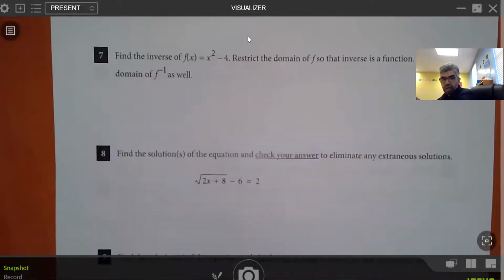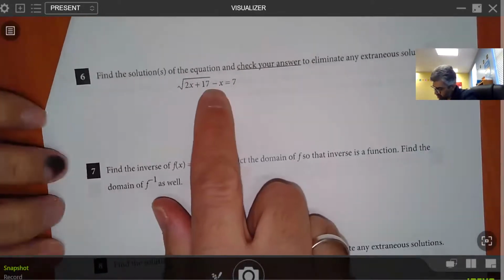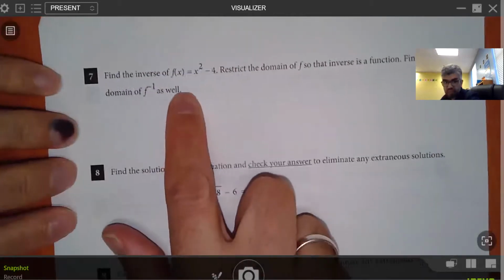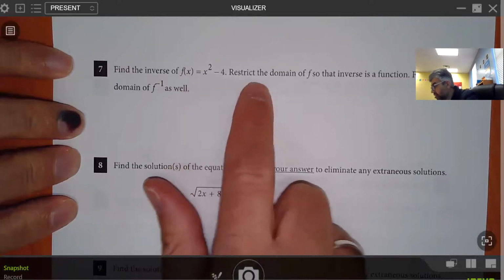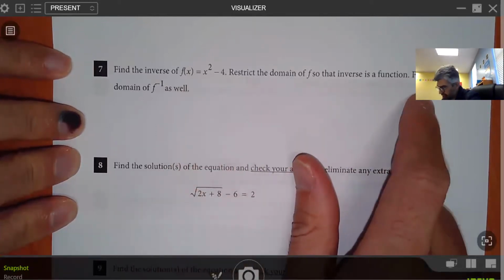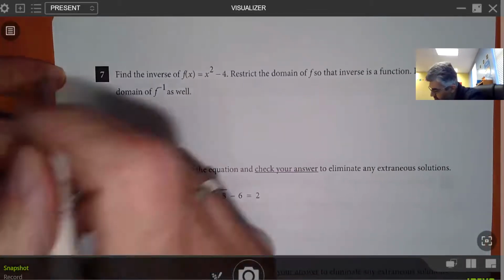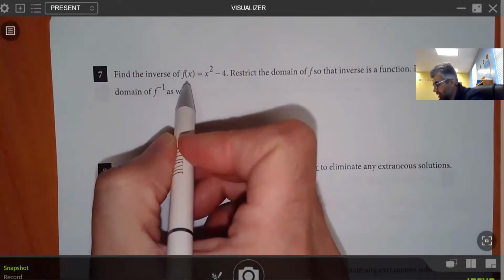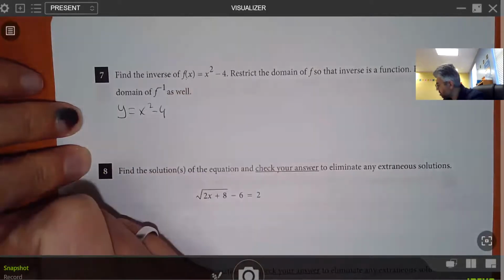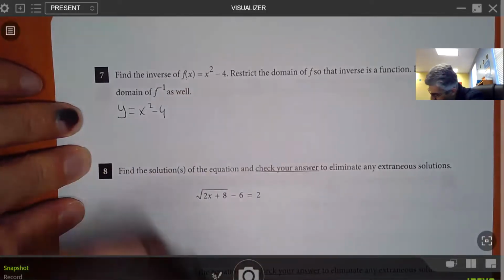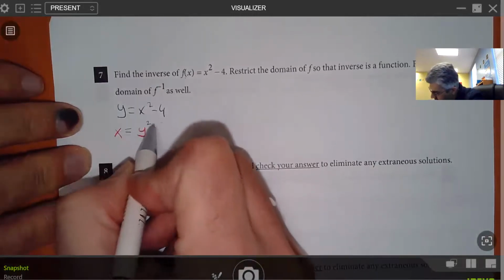Okay, so I will skip number 6. Same kind of question. Number 7 says: find the inverse of f of x equals x squared minus 4, restrict the domain of f. So the inverse is a function. Let's find the inverse first. This is y equals x squared minus 4. What we are doing, guys, we just change the places of variables x and y.